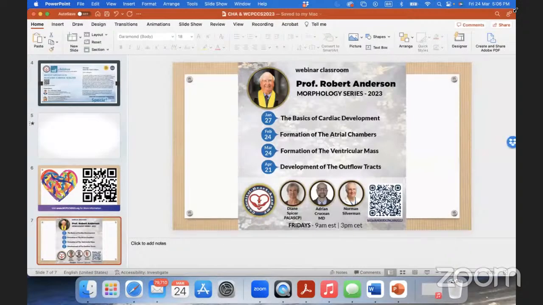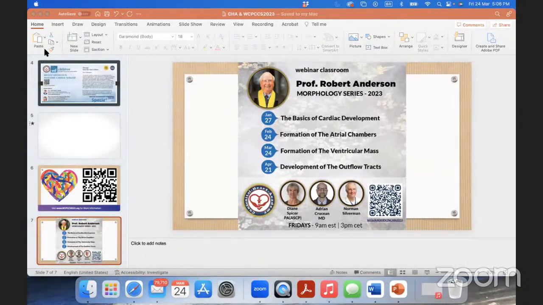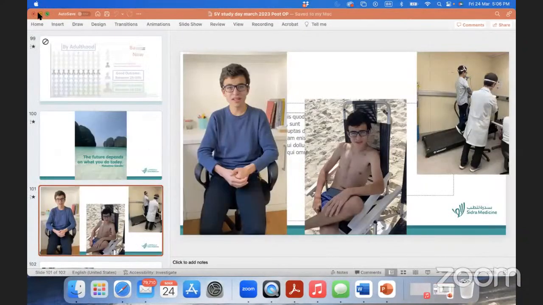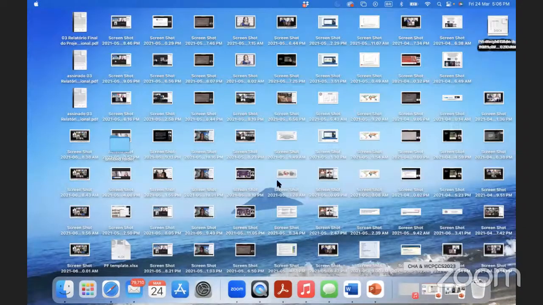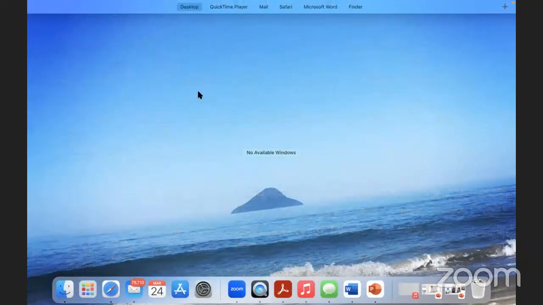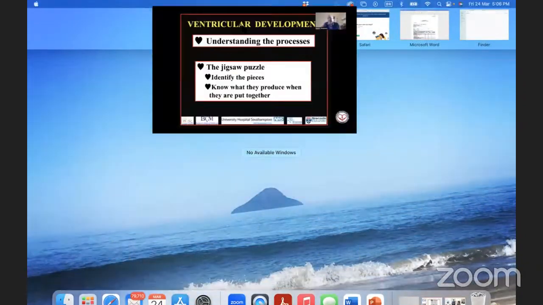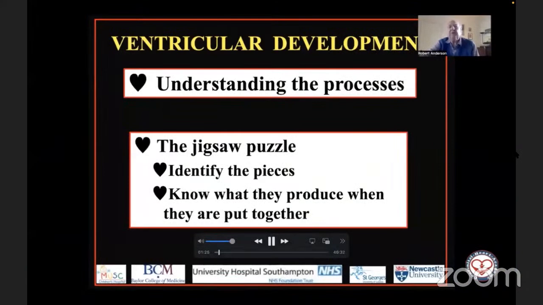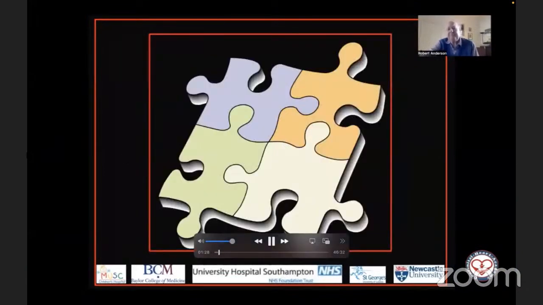And again, we need to know which of the various features we're going to be discussing is of most importance to you when you distinguish between the ventricles in the setting of the congenitally malformed heart. So I'm going to follow the same approach. It's a jigsaw. First of all, we identify the pieces, and then, most importantly, we need to know what they look like when they are all put together.